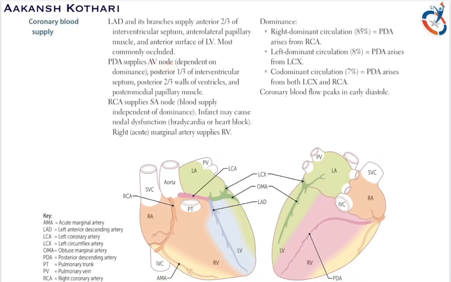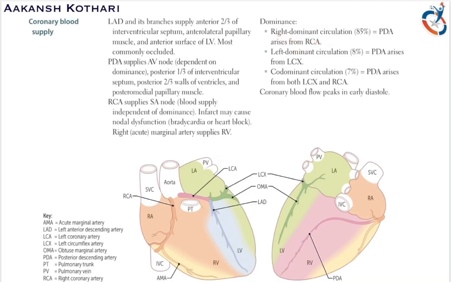Now this posterior descending artery can either be a branch of the right coronary artery. If it is a branch of the right coronary artery, it is called right dominant circulation, and this is in 85% of the cases. So usually the posterior descending artery is a part of the right coronary artery.